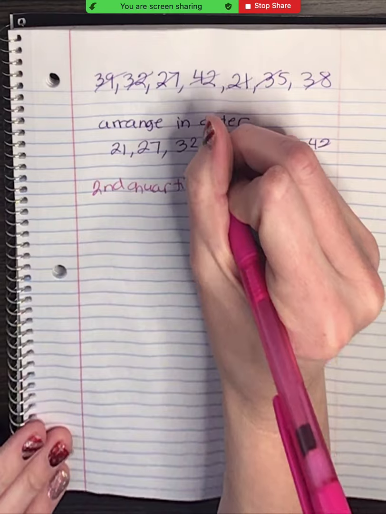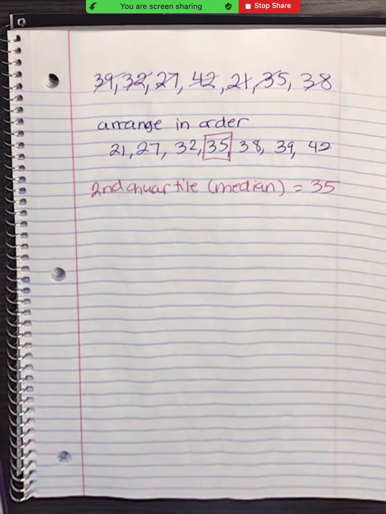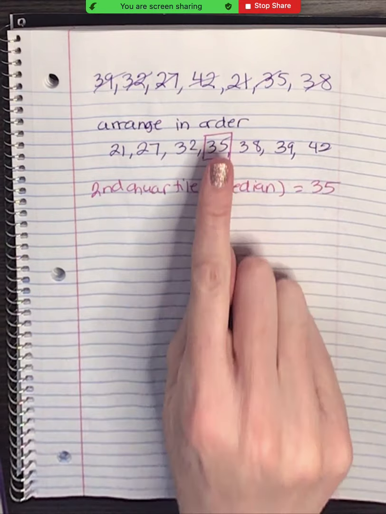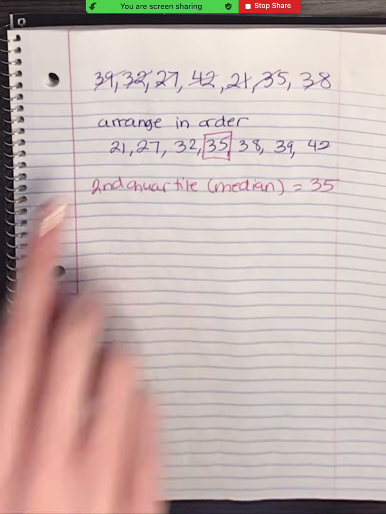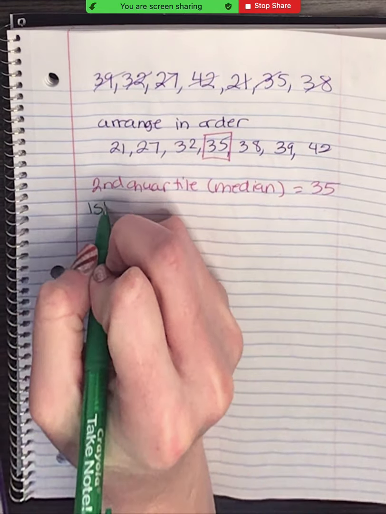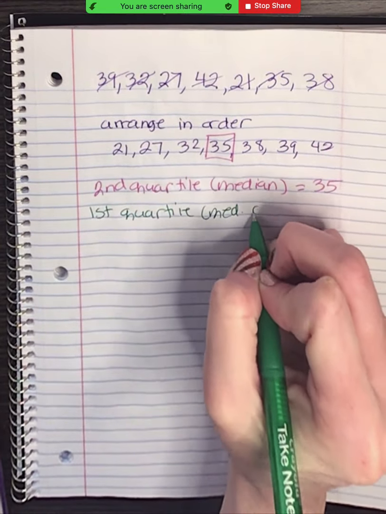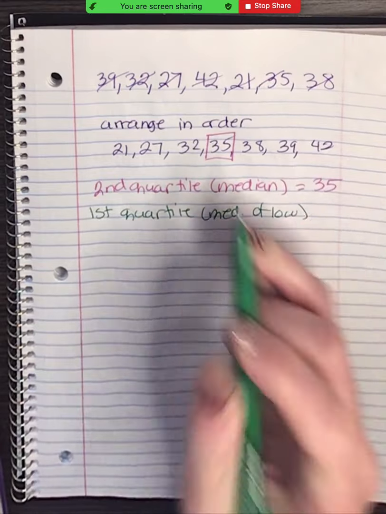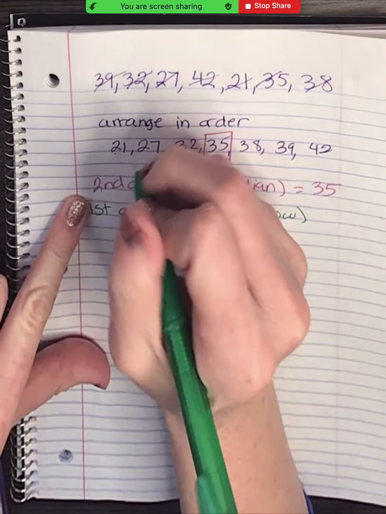So 35 is your second quartile. Okay, so here's the middle. This is your lower half and your upper half. So then to get your first quartile, you're doing the median of the lower half. So we're looking at these three numbers. So 1 and 1. So the middle is 27.